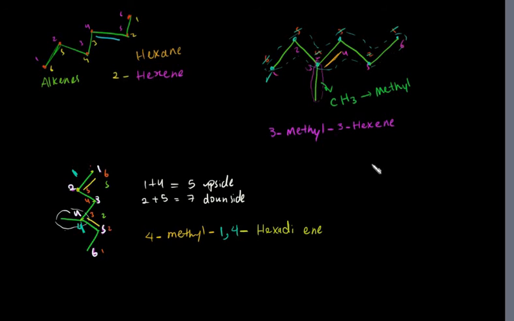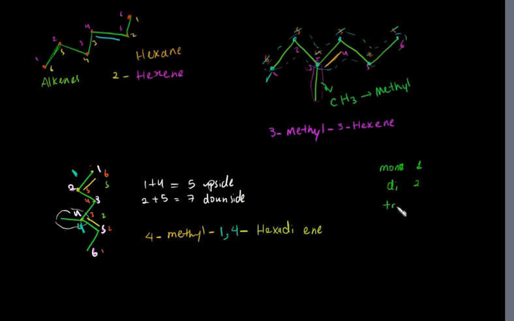If you need to remember one more, the prefixes for when we have more than one group. So these are our prefixes. Mono represents 1. Di represents 2.